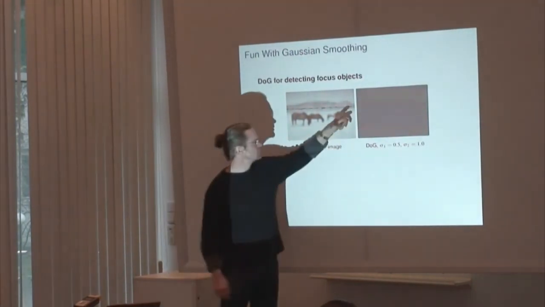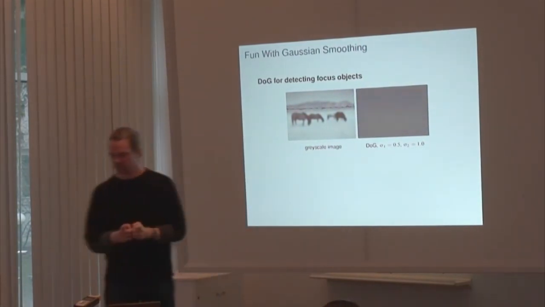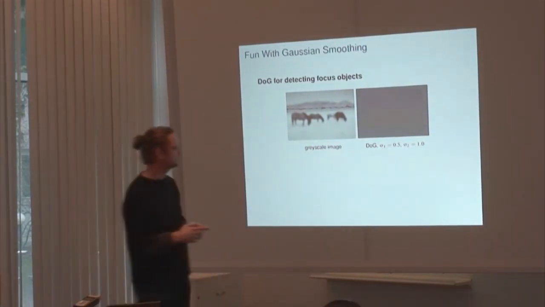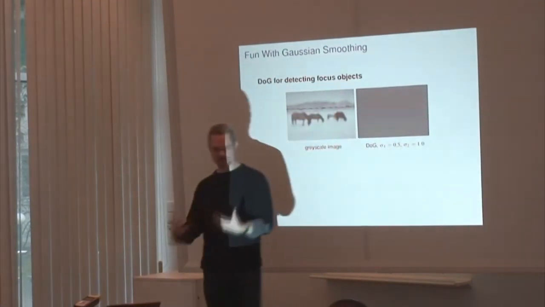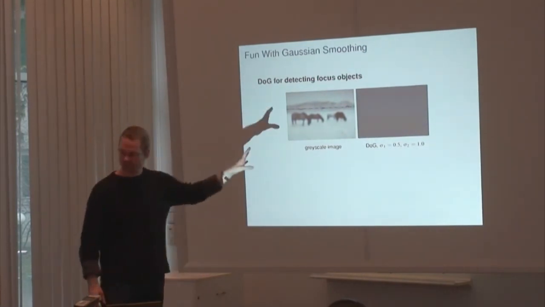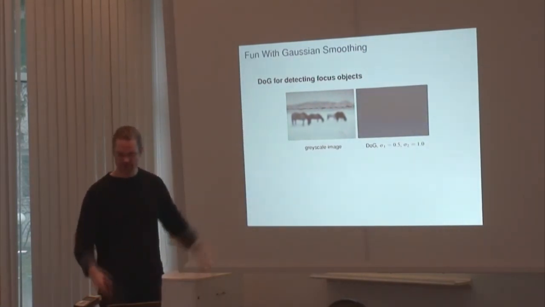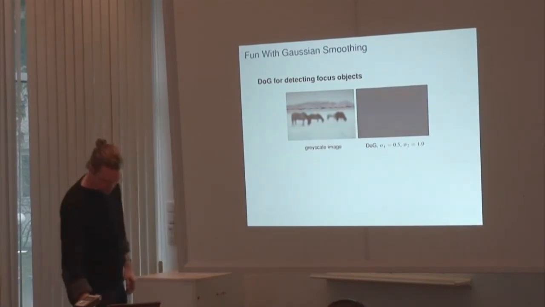But again, where the image is sharp, this blurring will make a difference, and so therefore the fence, the barbed wire, sticks out. But again, the algorithm knows nothing about barbed wire. All it does is two blurring operations, and subtract them from each other.